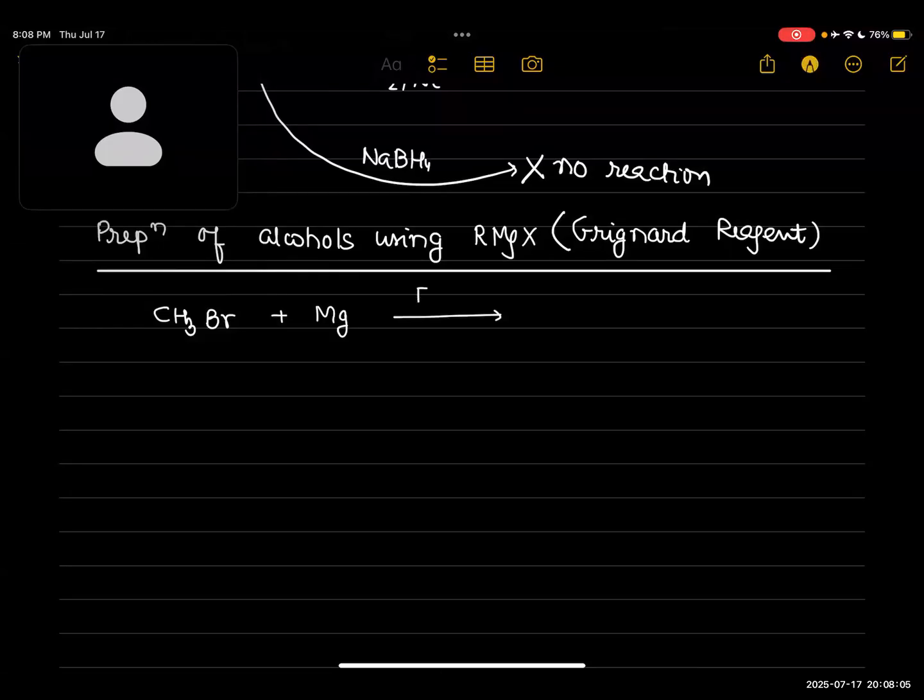Ether can be diethyl ether, or you can write just ether, or you can write the formula of the ether, (C2H5)2O, or you can write THF. These are the ethers which are used for dissolution purpose only. And you will end up with CH3MgBr. Got it? This is the Grignard reagent. So from alkyl halide it can be prepared.